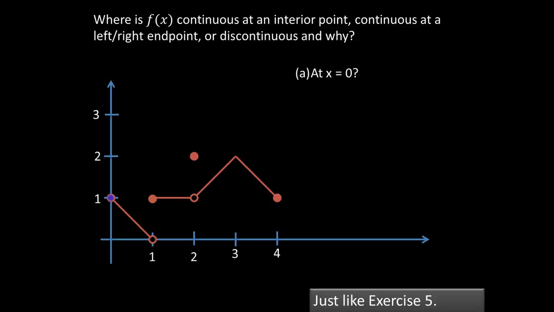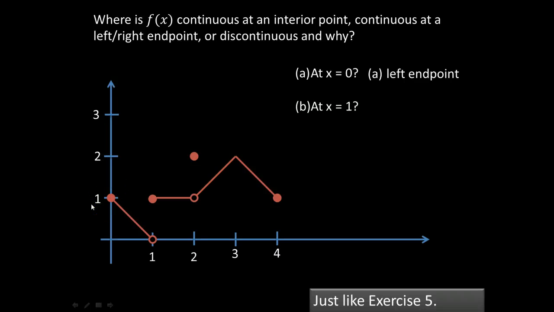Well, at x equals 0, we're continuous at a left endpoint because the limit as x approaches 0 is 1, and f of 0 is 1. And as we approach 0, of course, we're approaching from the right, because our function isn't defined over here. So right there, we're continuous at a left endpoint.